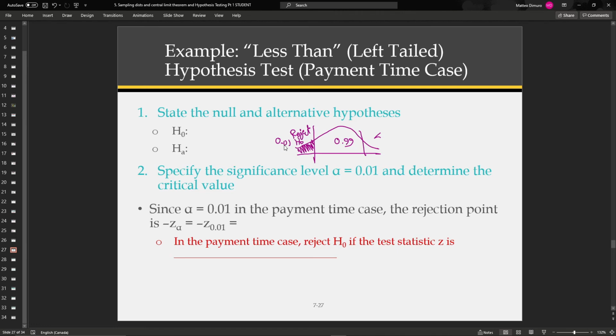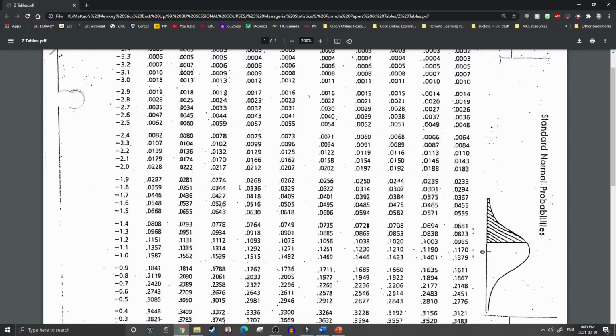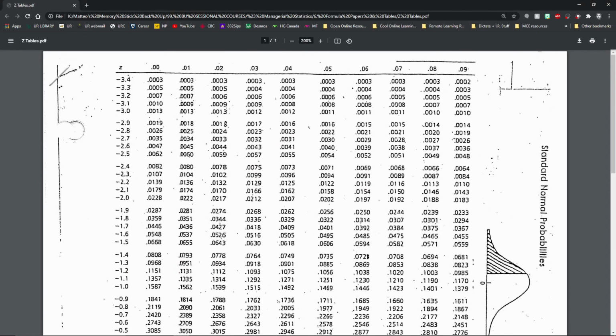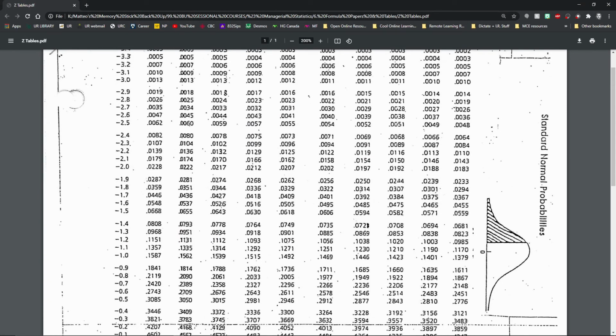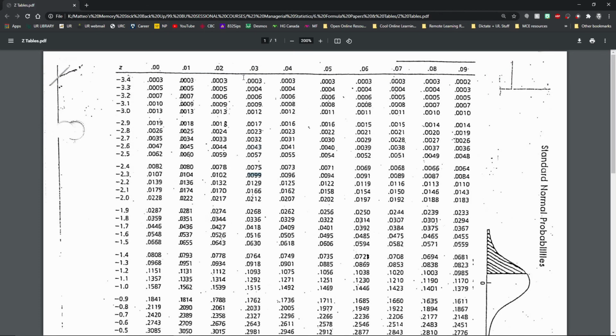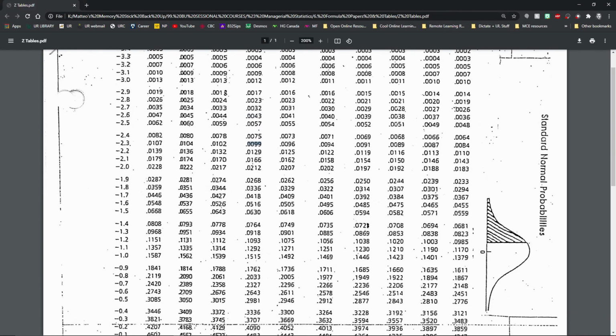So we're going to reverse look up 0.01 on these tables. Get as close as we can. We got 0.0099, which is as close as we can get. So negative 2.33.